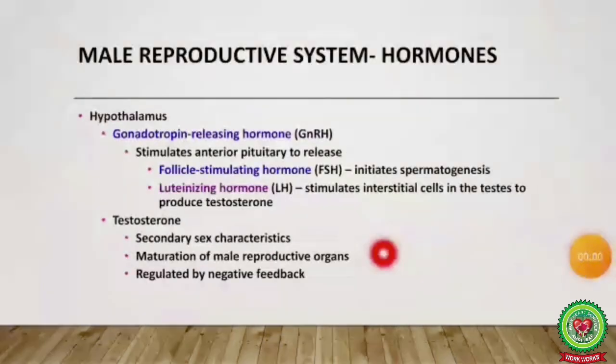Now, moving on to the hormones of the male reproductive system. The hypothalamus produces gonadotropin releasing hormone, which stimulates the anterior pituitary to release follicle stimulating hormone, FSH, that initiates spermatogenesis, and luteinizing hormone, LH, that stimulates interstitial cells in the testes to produce testosterone.